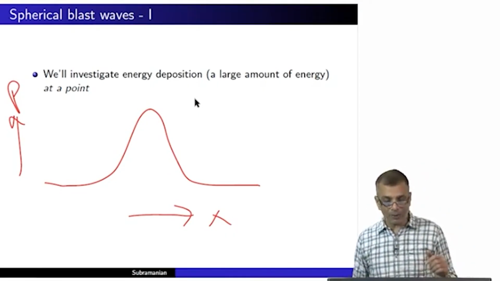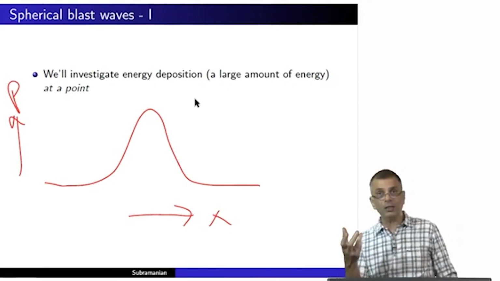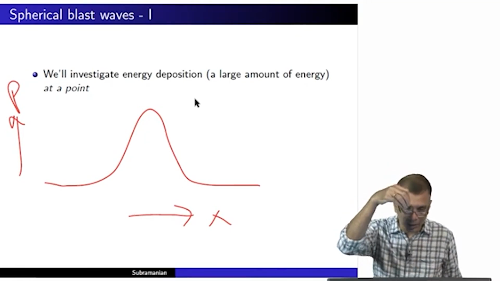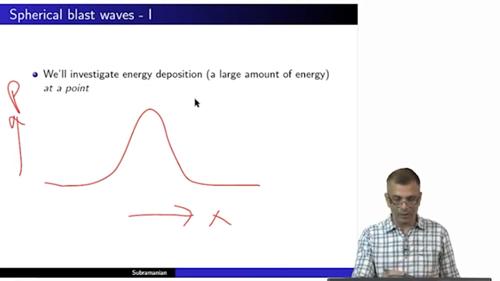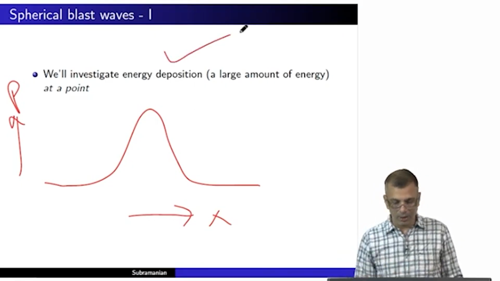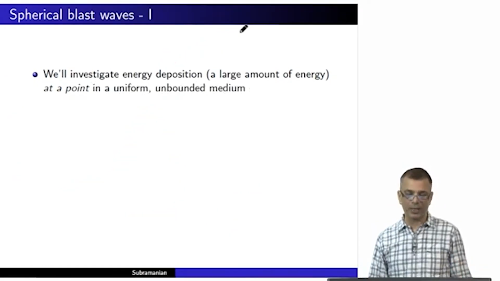So this kind of pressure pulse can be produced due to a large amount of energy deposition at a point, a localized kind of energy deposition like what we're talking about here. And this essentially happens during a blast.